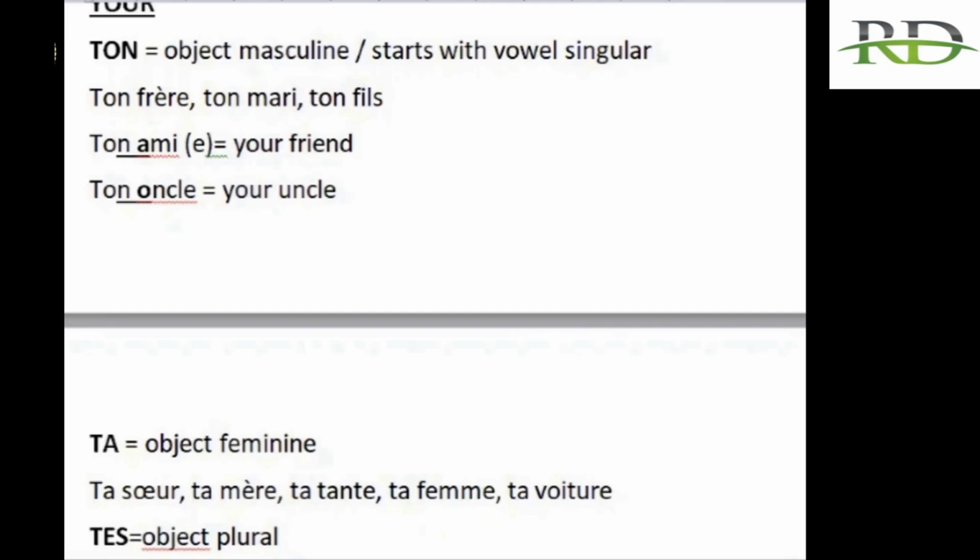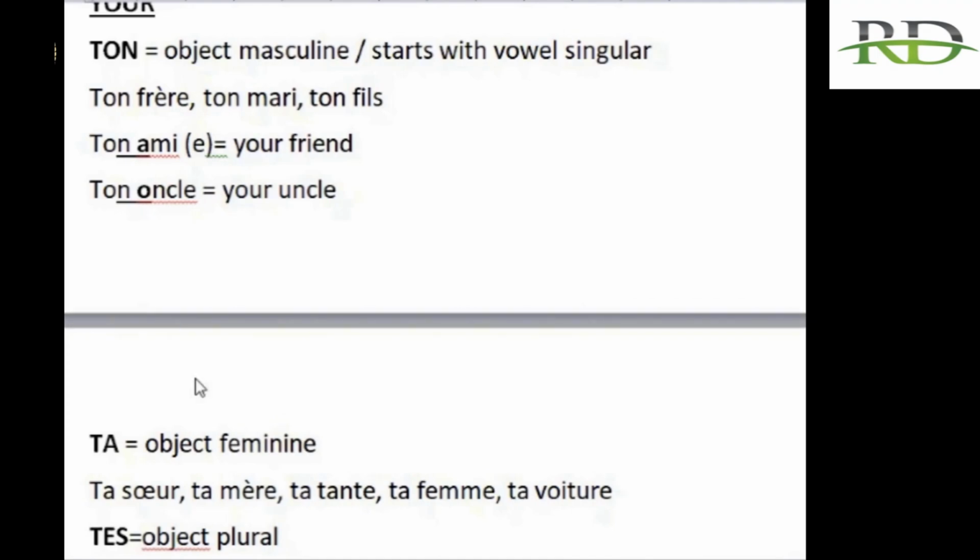Okay, ton mari. Mari is husband, your husband. Ton fils, that is called son. Your son. Ton fils. Okay, ton ami, your friend. Ton oncle, your uncle.